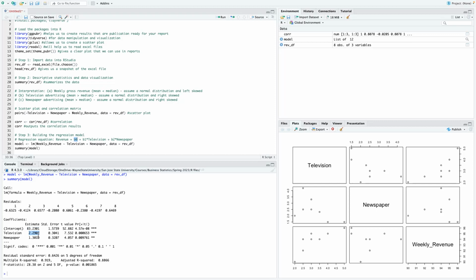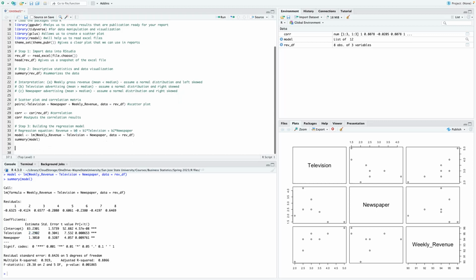What that means is that if newspaper is kept constant and television is increased by 1 unit, we're going to have 2.29 added. Let me just show you here. I'm going to write it here. So revenue equals B0, which is 83.23, plus B1, which is 2.29, times X1, plus B2 times X2.